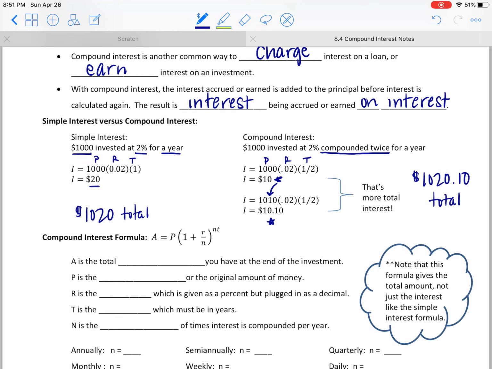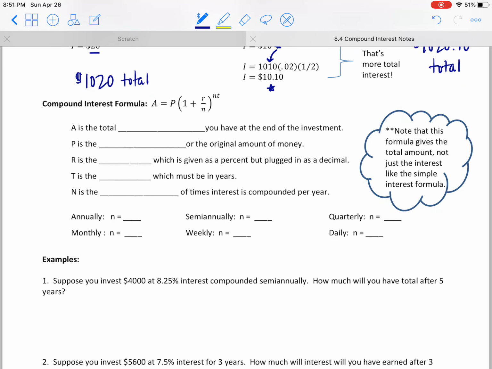But if you're investing money, you want to earn interest on your interest. If you're an investor, then compound interest would be to your advantage. If you're a borrower taking out a loan, then you don't want to borrow something with compound interest, okay? But the concept is you are earning interest on interest.